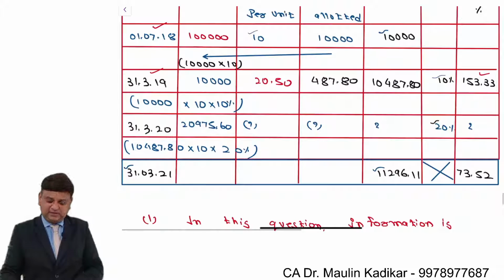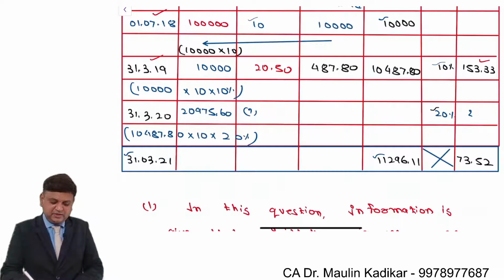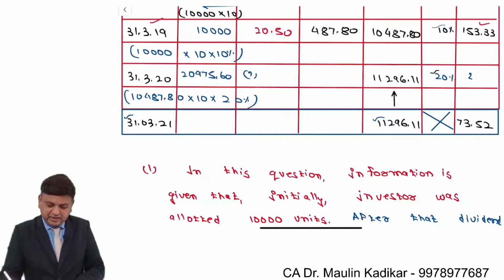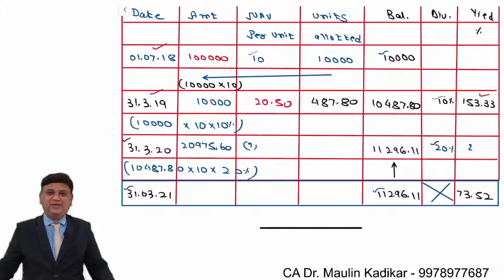This is what we understand. So can we say that this 11,296.11 is the number of units that the investor must be having on this date, because no additional units were allotted later on?